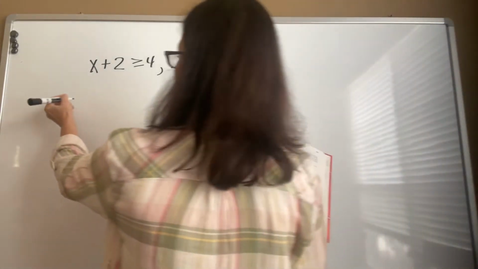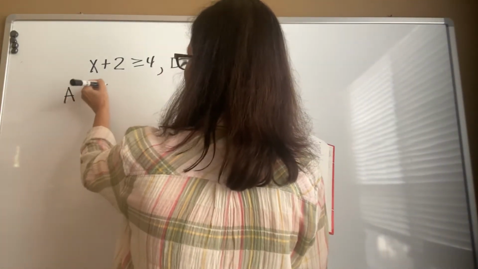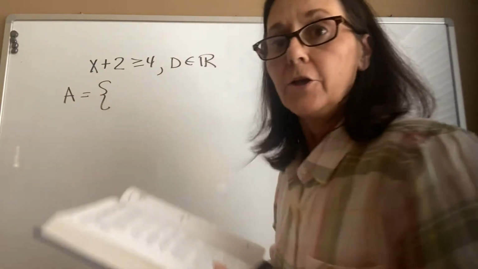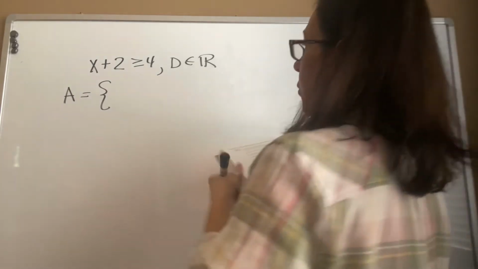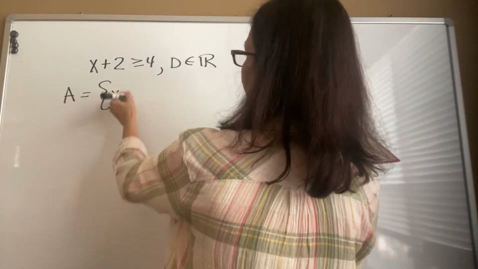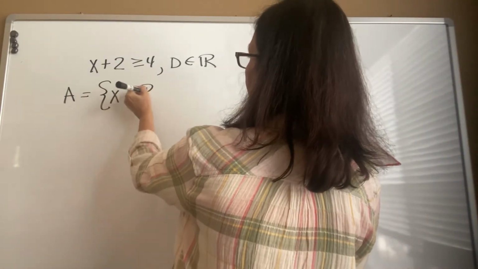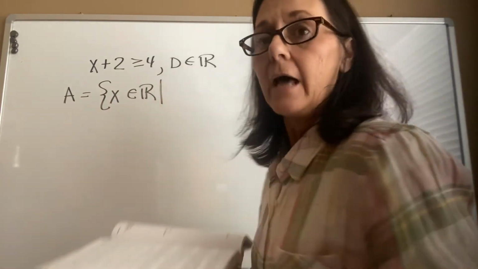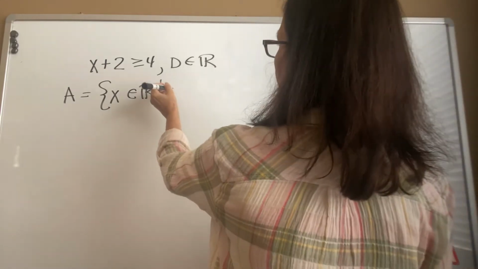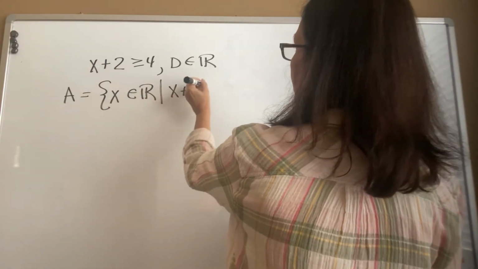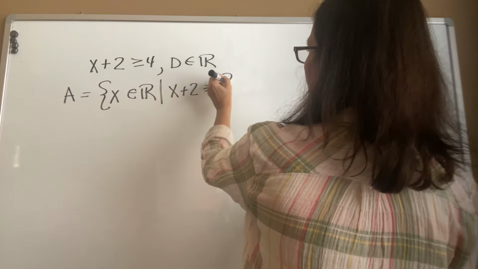So the solutions are going to be a set. You begin with that type of bracket, where x is an element of reals. Then there's going to be a line, and you read that as such that, and then you write your function: x plus 2 greater than or equal to 4, close your bracket.